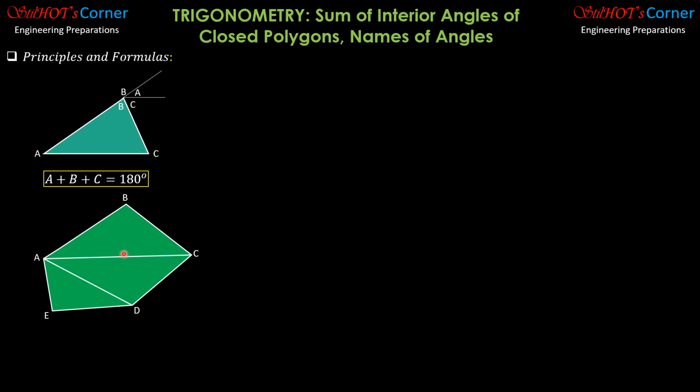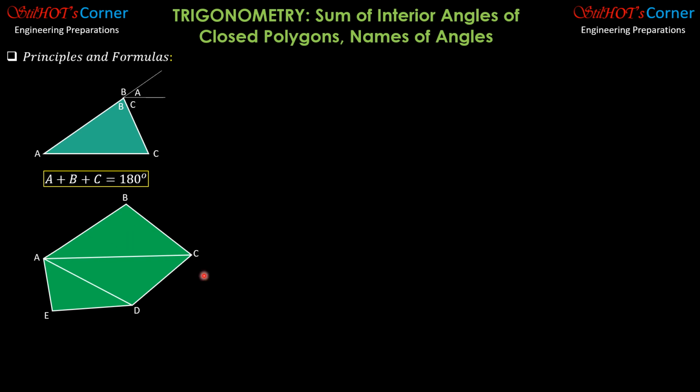Likewise, if we delete this division, then we can have BD as the division, but there are still two non-overlapping triangles if there are only 4 corners or 4 sides. Now, if there are 5 corners, 5 points, then we can have 3 non-overlapping triangles. So if it is 3-sided, a triangle, there's only one non-overlapping triangle.